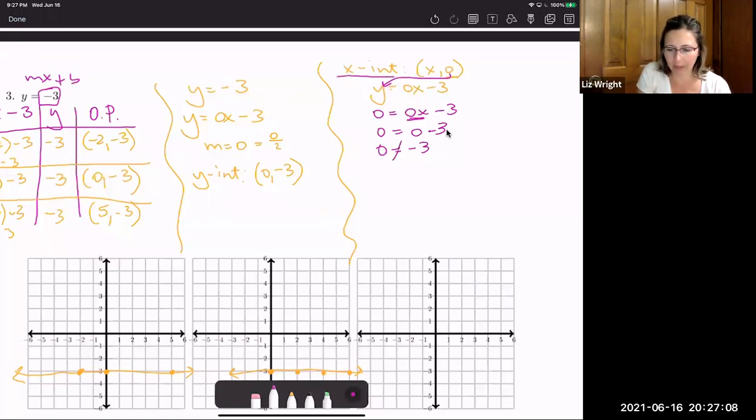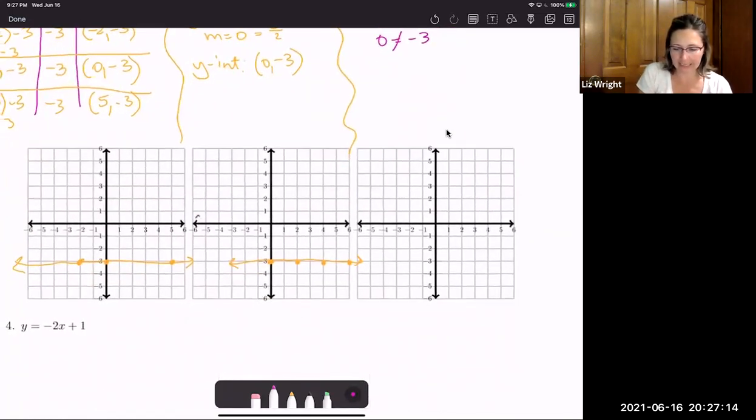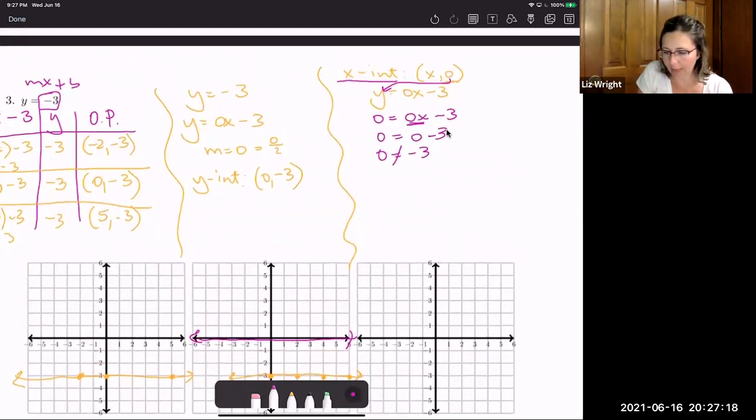Well, what does that mean about an x-intercept? We don't have one. Look back. Did our line ever cross the x-axis here? No. So that's the conclusion we make. No x-intercept for that.